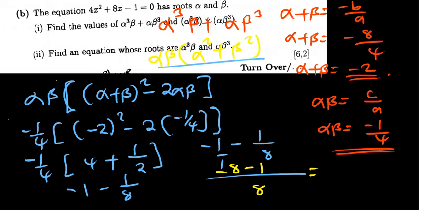So this part here is going to give us negative 9 over 8. This is my answer for the first part.